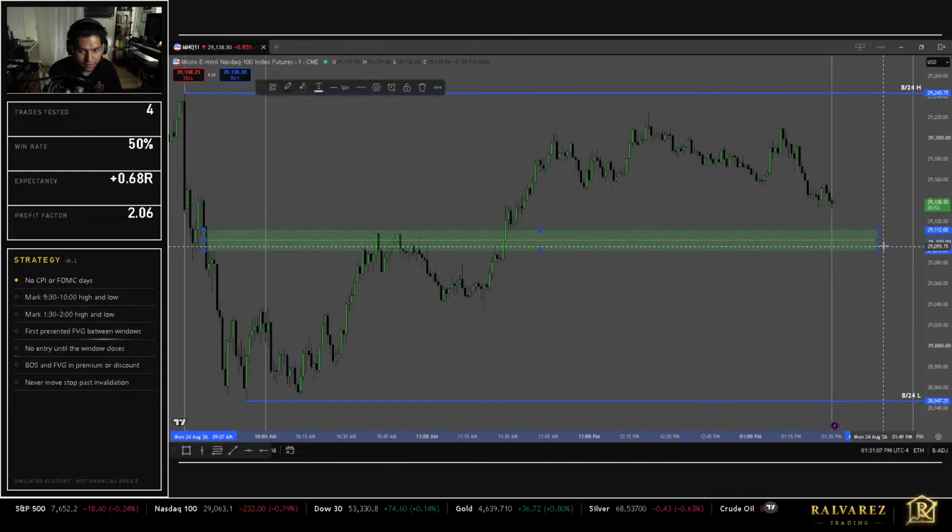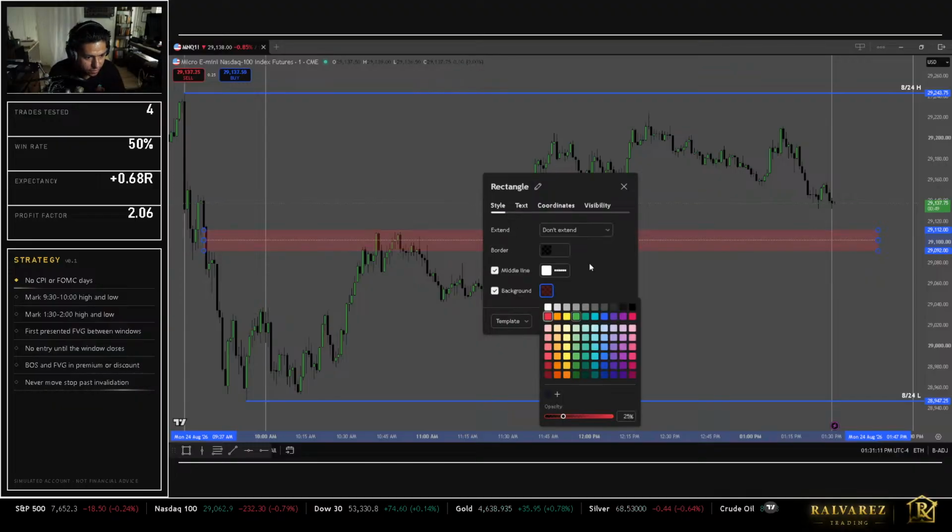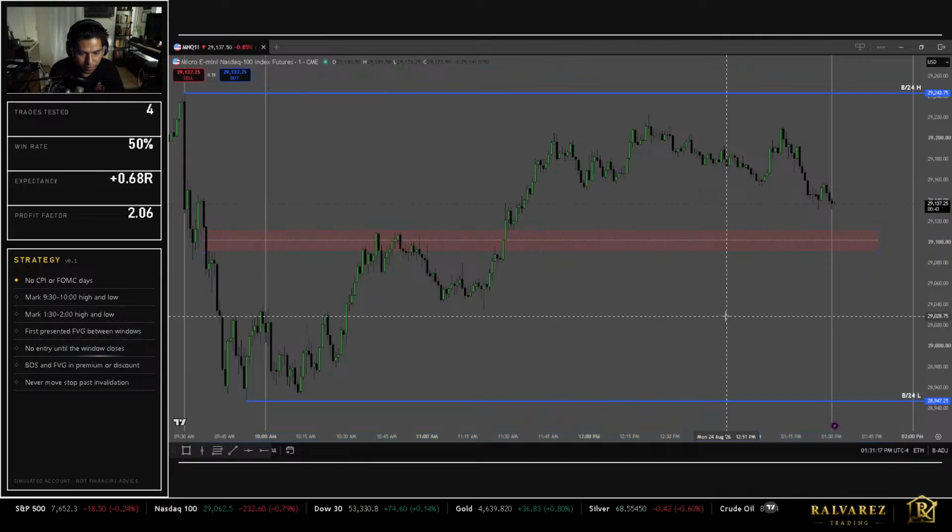So we look for the next one, which I see is right here. And we're going to extend this to the right. And since it was bearish, we're going to label it exactly like that. And we'll just keep on extending it manually for now.